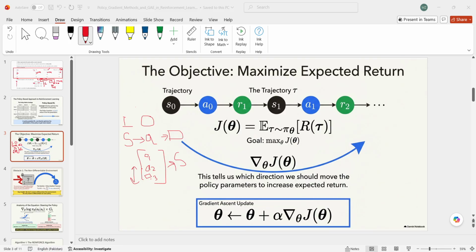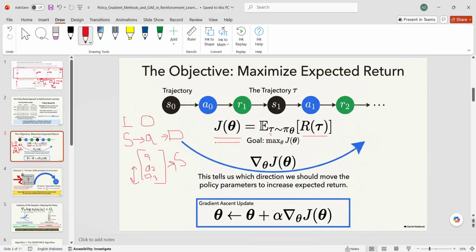So we present our objective function as something related to return. We represent our objective function J of theta, where theta represents the weights of the neural network, as equal to the expected return for this trajectory. The trajectory is represented by the symbol tau.